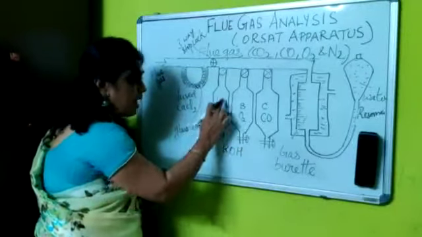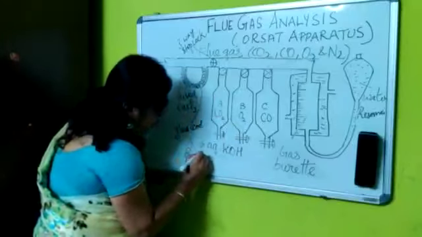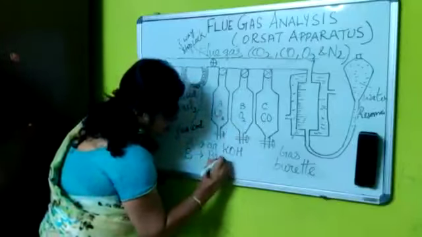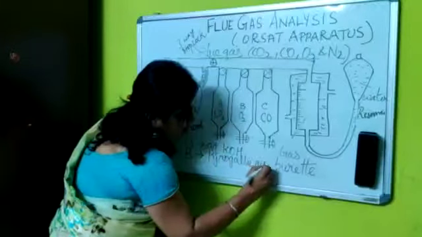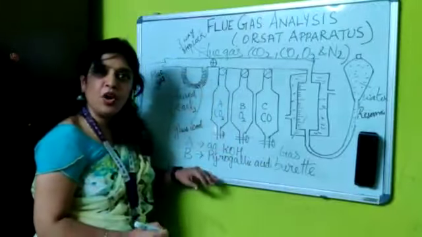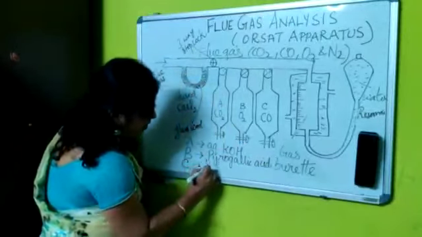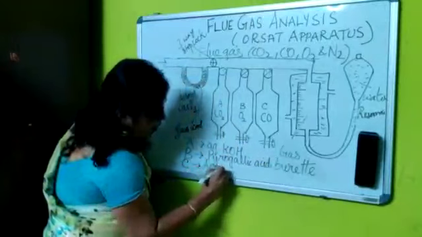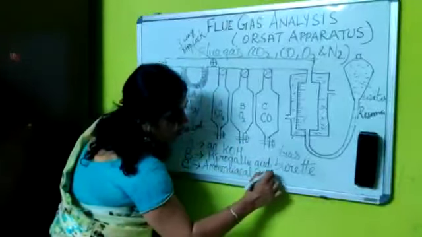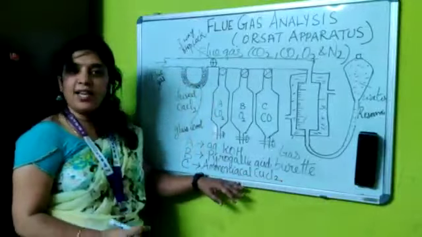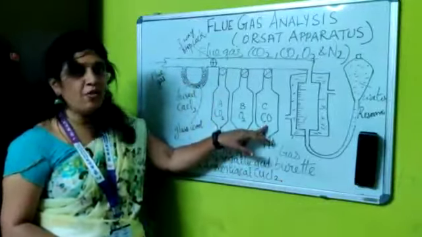So bulb A contains aqueous KOH solution, bulb B contains pyrogallic acid which has a tendency to absorb oxygen, and bulb C contains ammoniacal cuprous chloride solution which has a tendency to absorb all the carbon monoxide present in the flue gas.